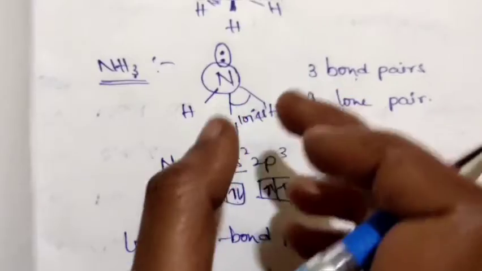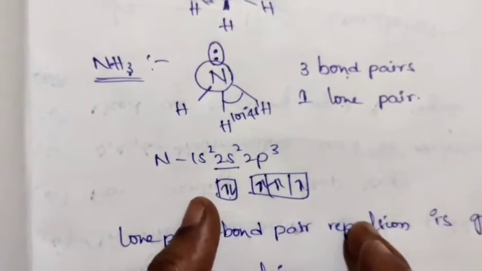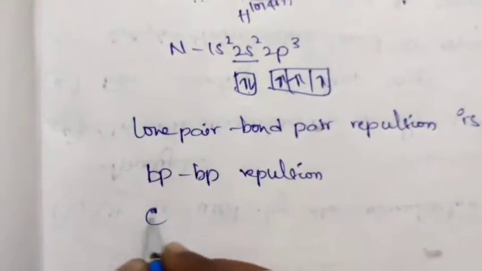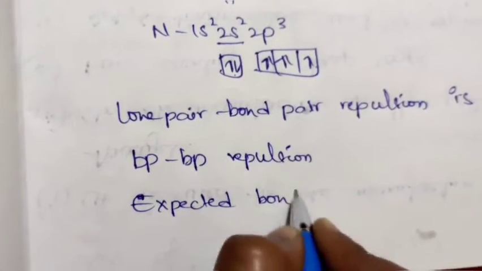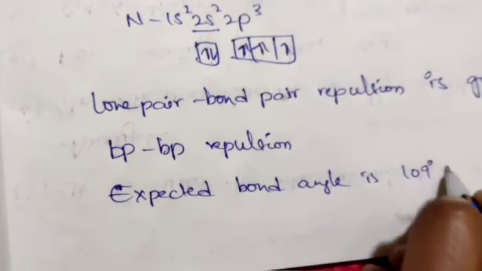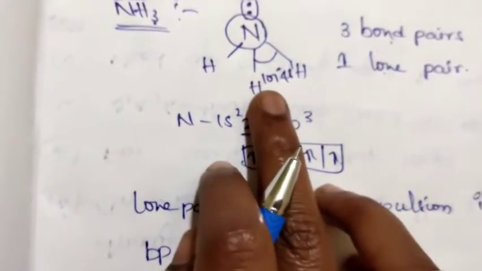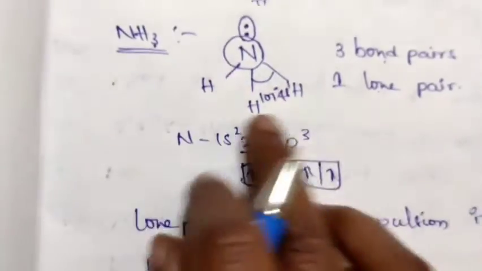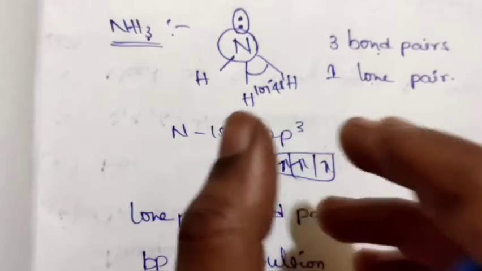This is the actual bond angle, but due to the presence of these electron pairs, the expected bond angle is 109 degrees 28 minutes, but the actual bond angle is 107 degrees 48 minutes. The actual bond angle is due to lone pair bond pair repulsion.